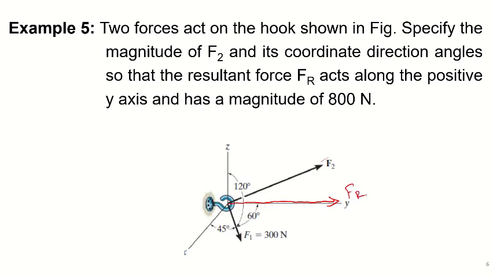The magnitude of Fr is equal to 800 Newton, right? So we want to determine the magnitude of F2 and the coordinate direction angles. So how can we solve this?